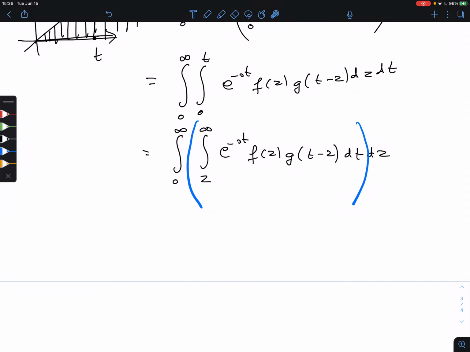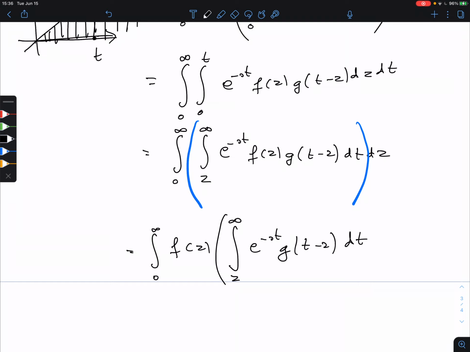So only the middle one I can take out. This is equal to the integral from 0 to infinity, I bring out f(z), and what I'm left with is the integral from z to infinity of e to the minus st g(t minus z) dt, and then we have a dz here.